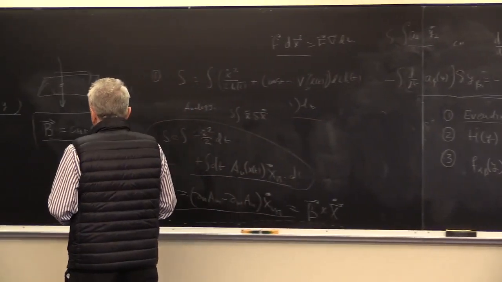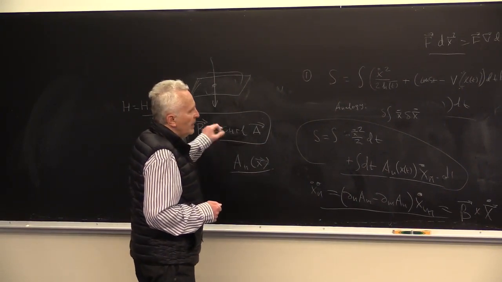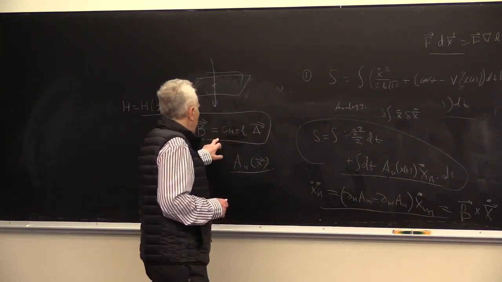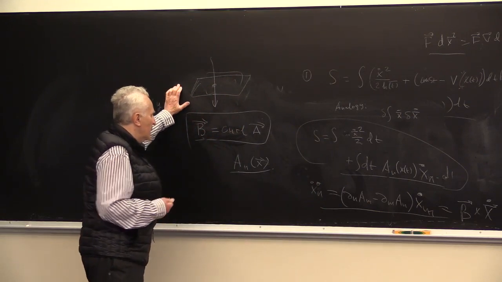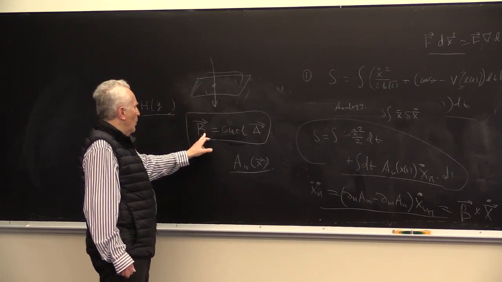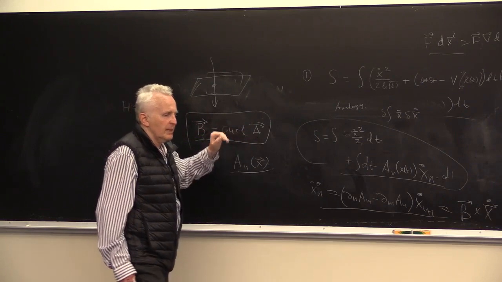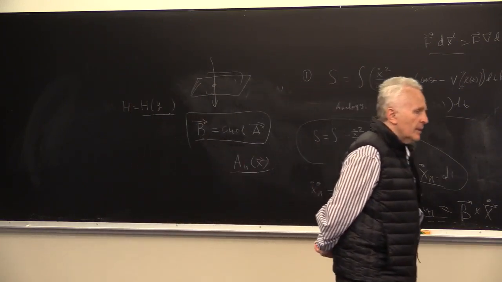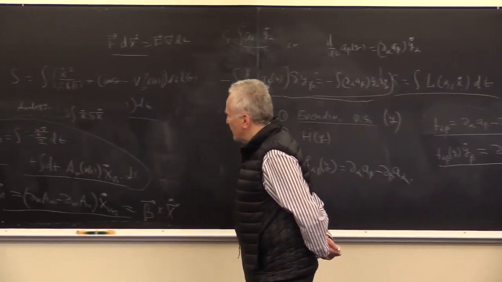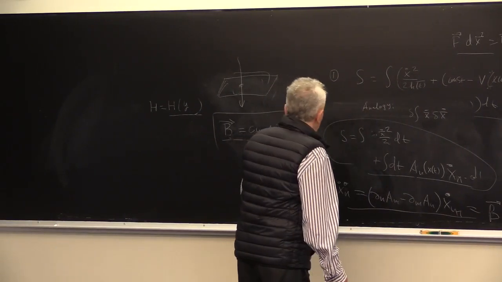Again, we return to something more familiar. When we have magnetostatics in this case, what is the condition under which the magnetic field can be expressed in terms of the vector potential? Yes, right.